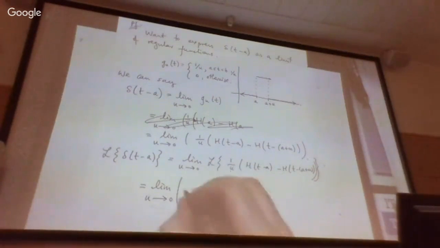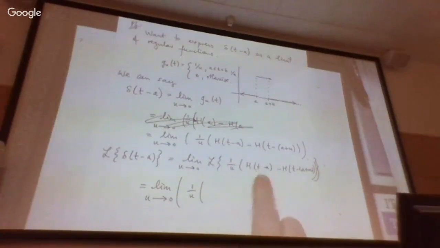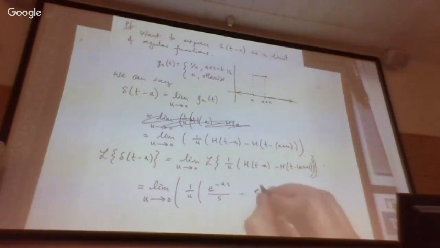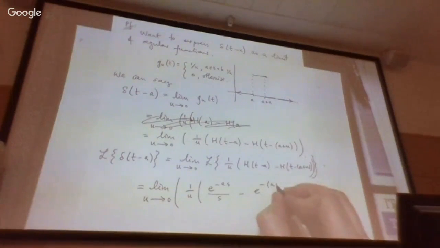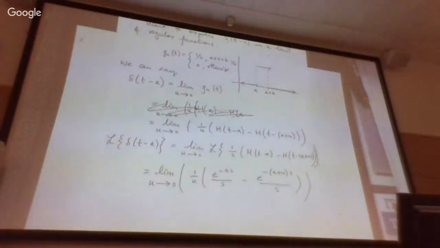So we're taking the limit of 1 over u times the Laplace transform of this Heaviside, which is e to the minus as over s, and the second one is e to the minus (a plus u)s over s.